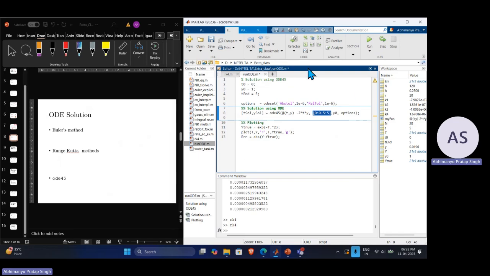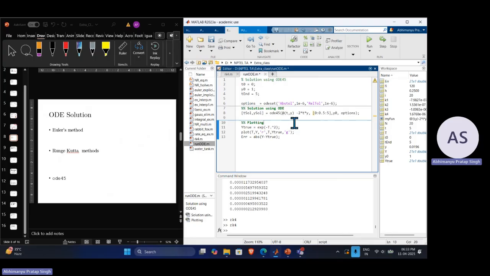It's not a linear sort of thing as in RK4. It changes the value of h and all those things. But for the output, the sol and t sol values, it only gives us on these intervals only.